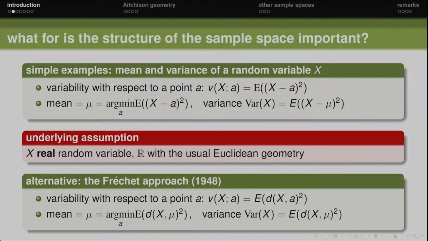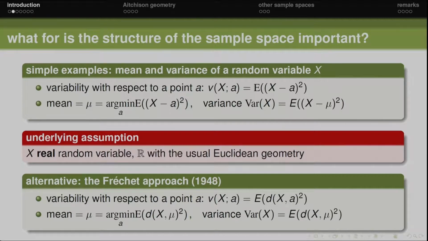Consider the variability with respect to an arbitrary point, A, and then the variability is the expected value, usually of the square difference between the random variable and the fixed point A. The mean is then defined as that value A that minimizes this expected value. And this is called here mu. And then the variance is precisely this minimum value.